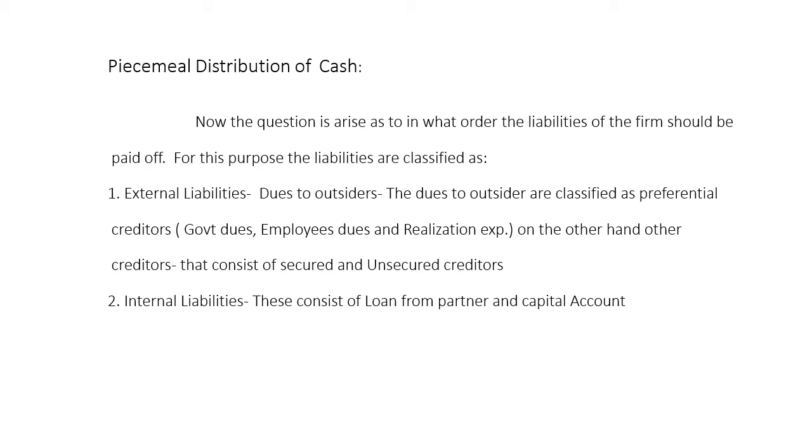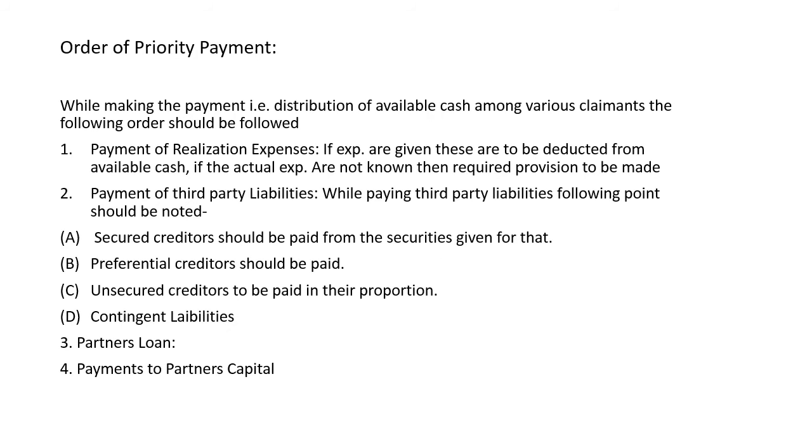When the loan provided by the partner is considered, only the loan provided by the partner is considered as internal liability. But if any relative of the partner is providing a loan to the partnership firm, then it is not internal liability. It is third party liability. By classifying these liabilities, the amount is paid as and when due to them.